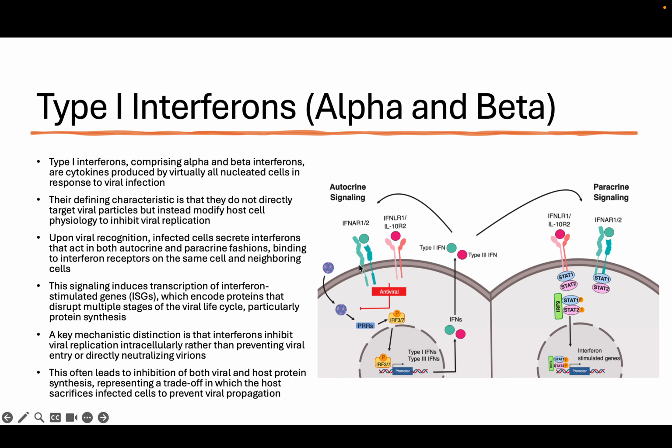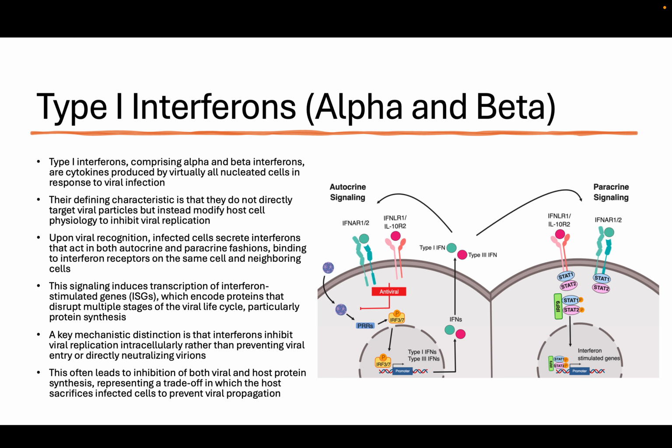Once bound to their receptors, this induces a signaling cascade, which pushes quite a lot of these interferon stimulated genes, these ISGs. ISGs are proteins that are produced that literally disrupt multiple stages of the viral life cycle.